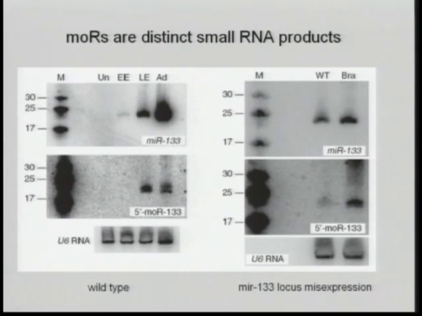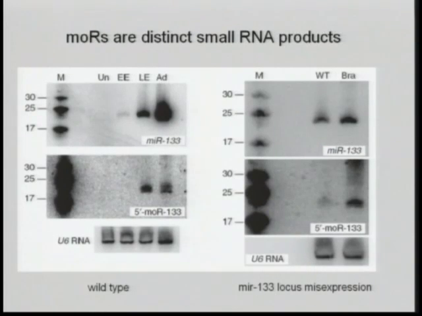What's interesting is that these products seem to be co-produced. I say that because if I overexpress this locus in the embryo, I see an increase of both the mature microRNA sequence and the moR-133 sequence, so they are probably produced in more or less the same biochemical step.